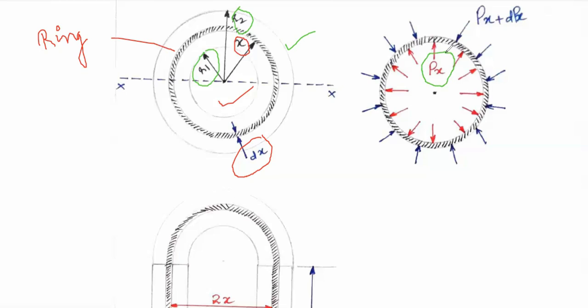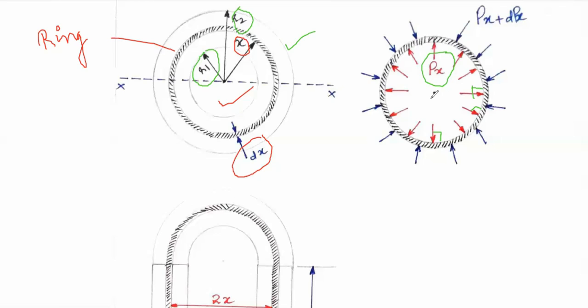So this is nothing but internal pressure, right? And this internal pressure always acts at 90 degrees to the cylindrical wall surface. So Px is also called radial pressure because it is acting along the radius.